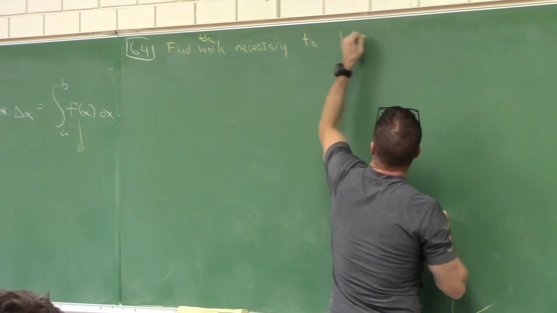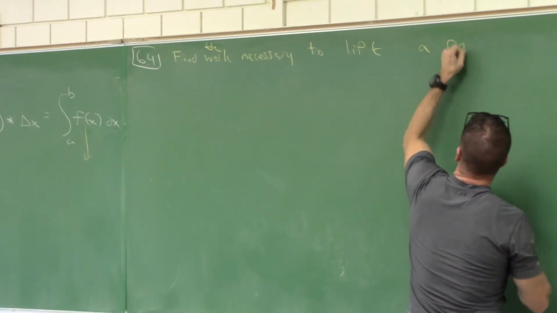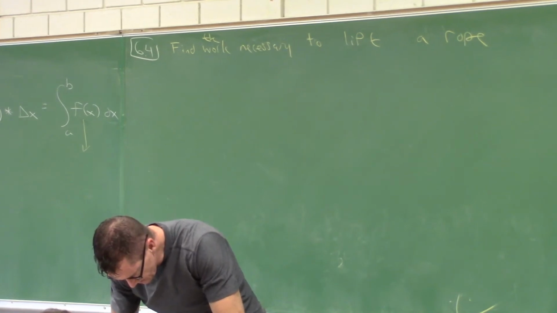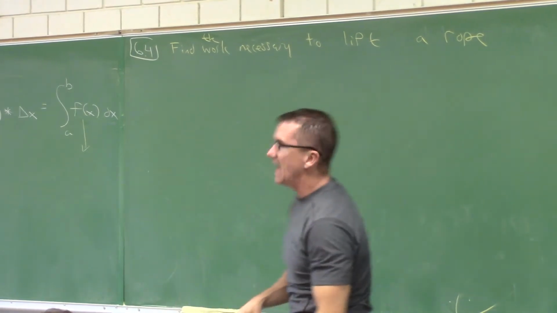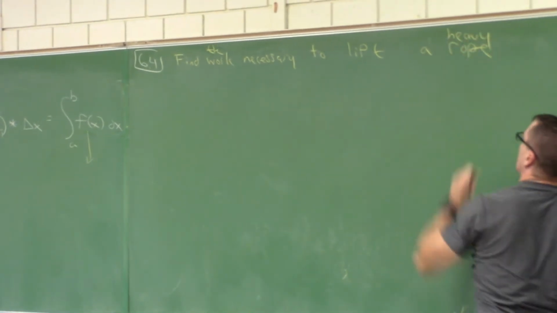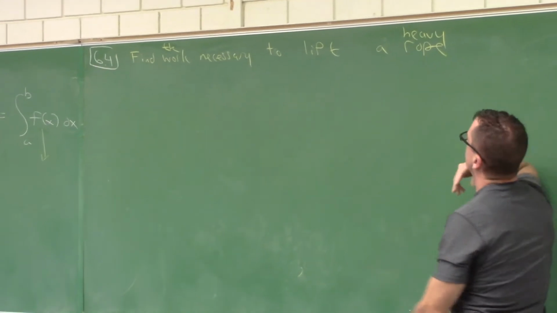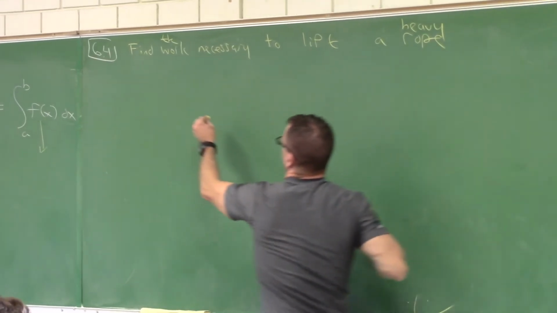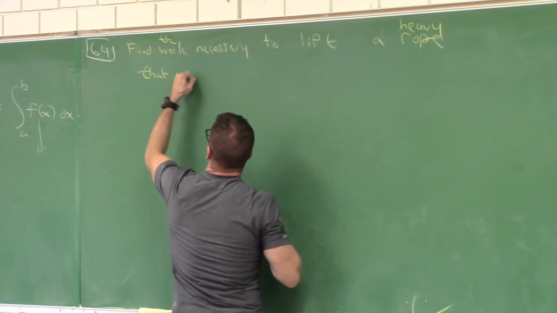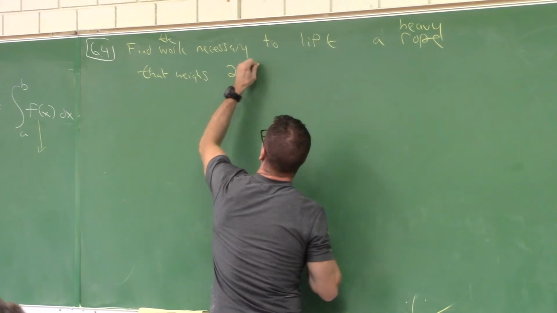To lift the rope. And then when this is a heavy rope, I'm going to write the words heavy rope. Find the work necessary to lift a heavy rope that weighs 2 pounds per foot.